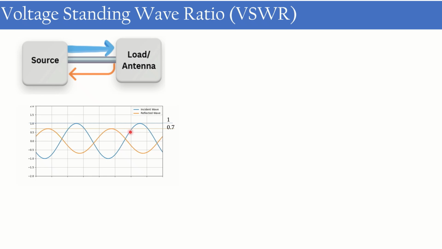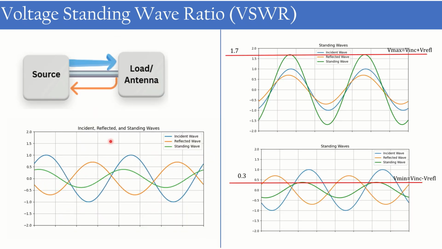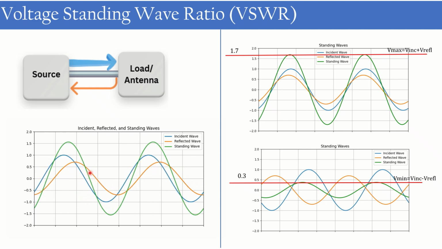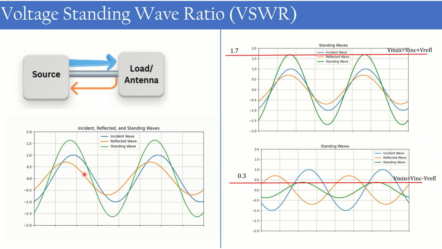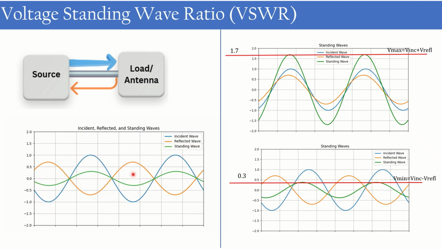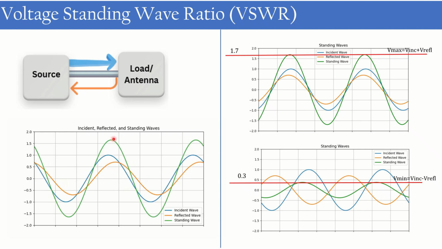Due to these interactions, standing waves are formed. Blue is my feed power and orange is the reflected power. Their magnitudes are not changed, but because of their phase-varying interactions, standing waves are formed.